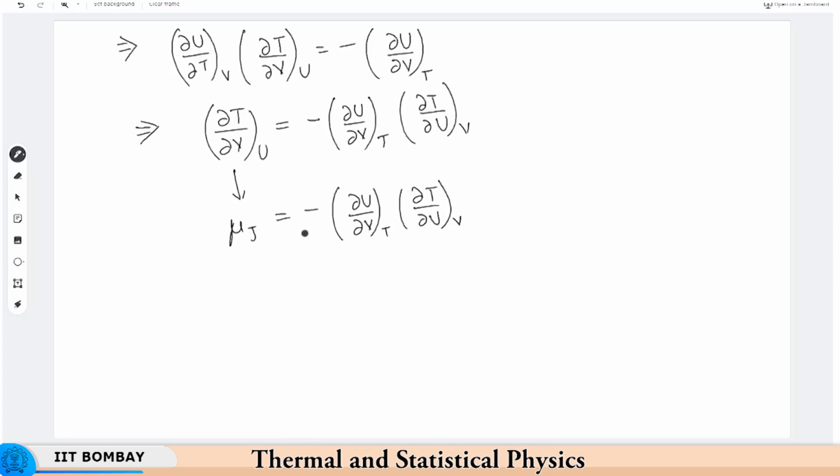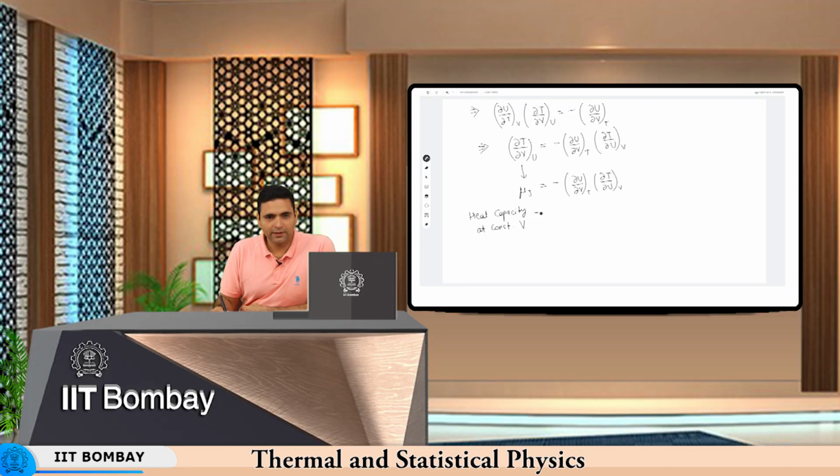Okay. So, now we are going to basically use some of the definitions that we have learnt in this course. Okay. So, remember how we defined the heat capacity at constant volume, right. So, heat capacity at constant volume is basically CV, and by definition this is del Q by del T at constant volume, right.